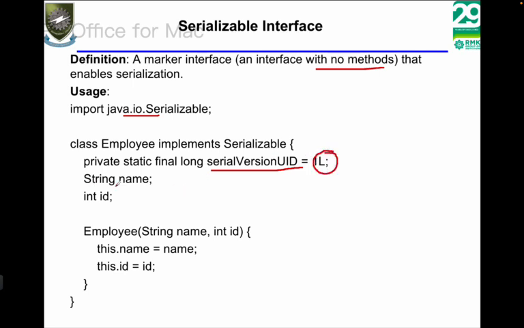And there are two variables, String name and int id, and you created a constructor and you are assigning the values: this.name refers to the current class variable name and this.id refers to the current class variable id.